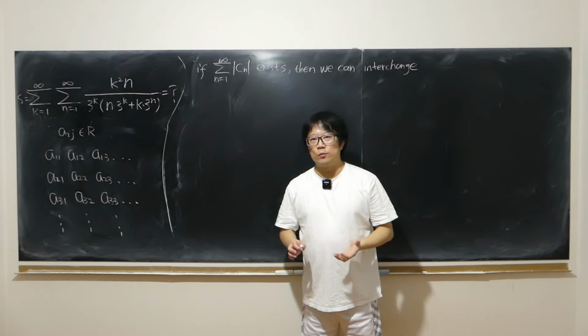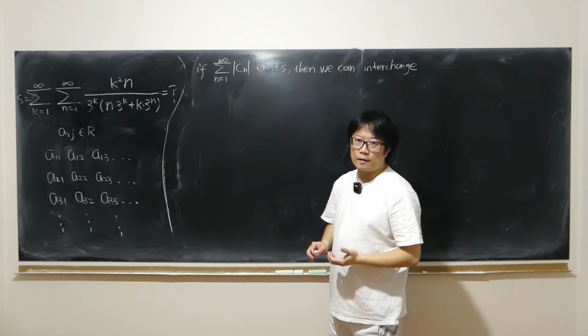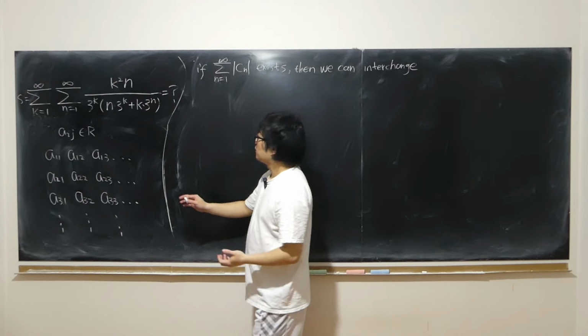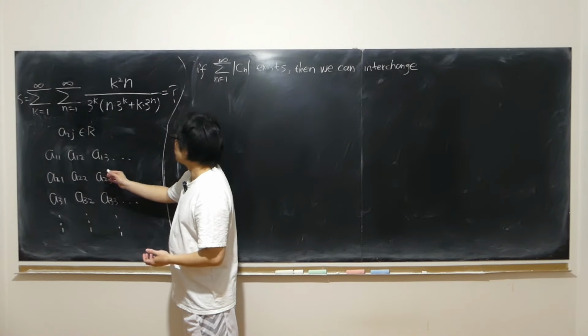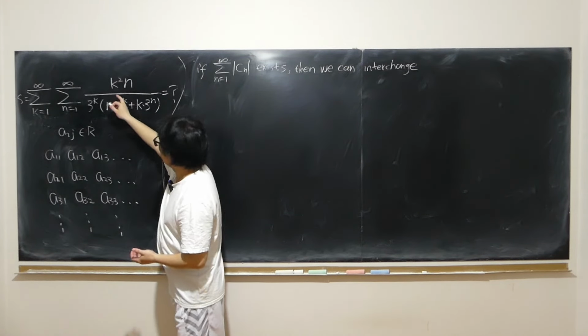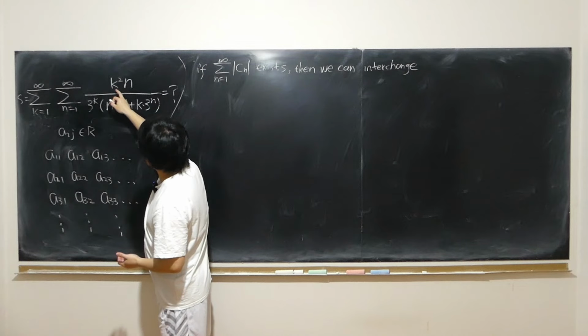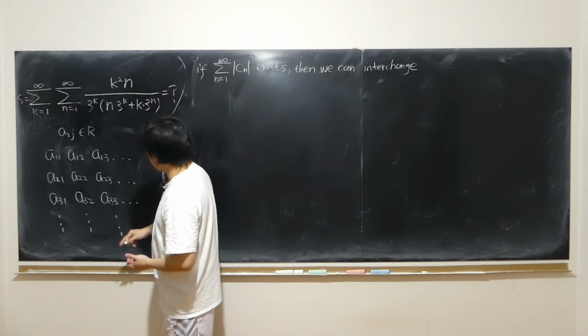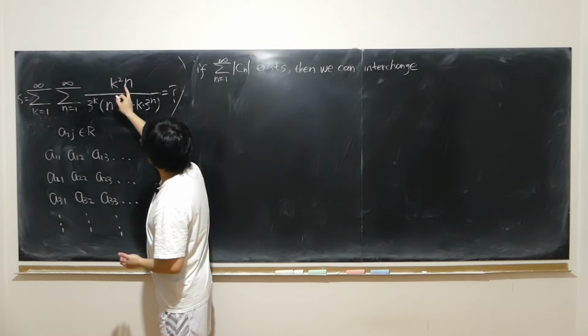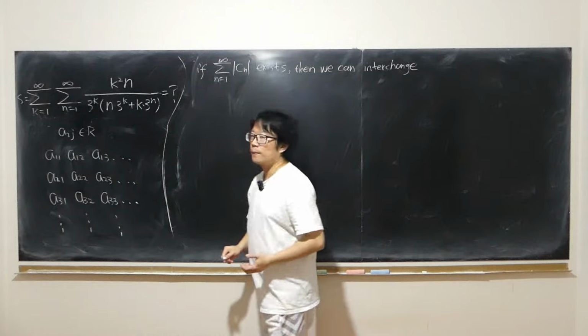So finally, we have to make sure that if we treat it as an infinite matrix, right? Perhaps k is the number of rows, n is the number of columns, so a 2, 3, so k equal to 2, n equal to 3, and so on and so forth.